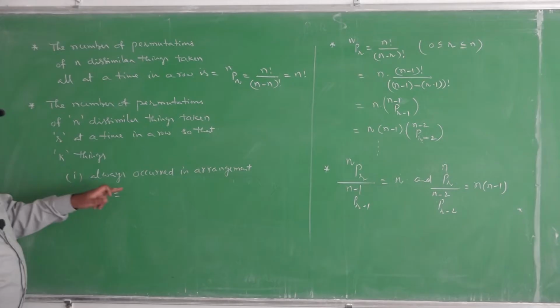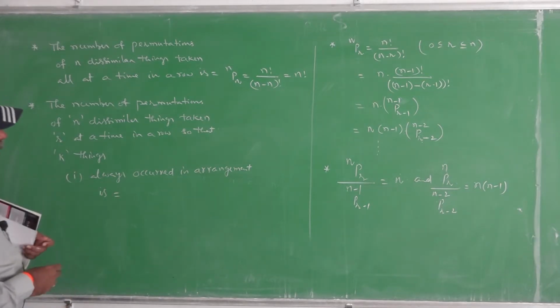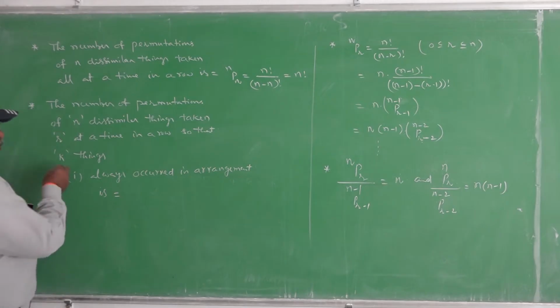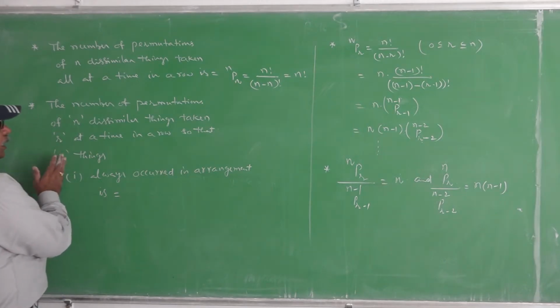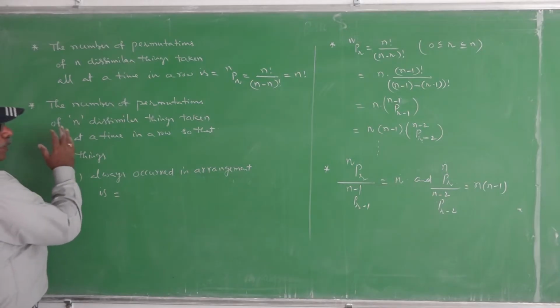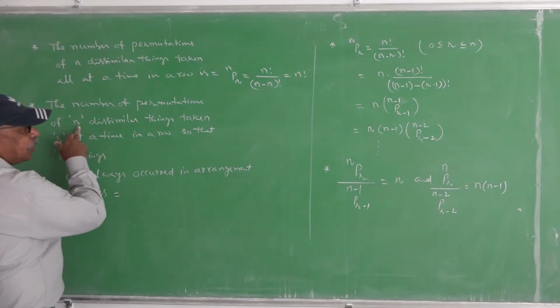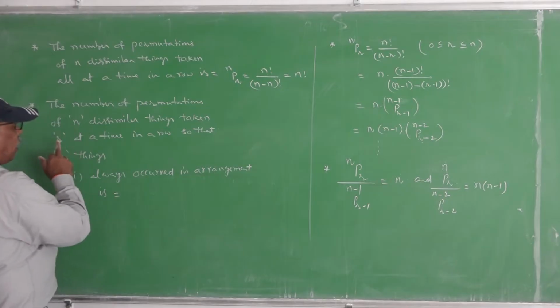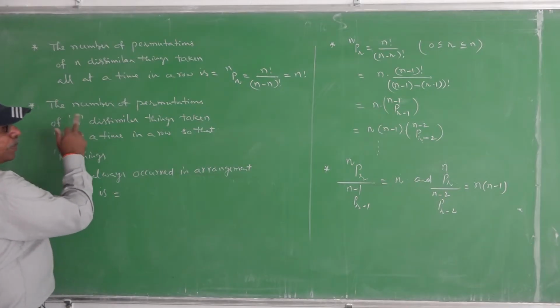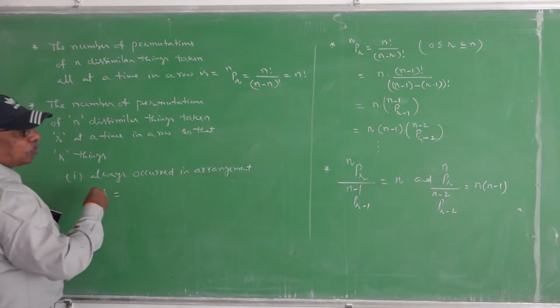They are compulsorily included in the arrangement. So compulsory inclusion means you have to put those k things out of n things aside. From the remaining things you have to consider r minus k things from n minus k things and arrange them all in a row.